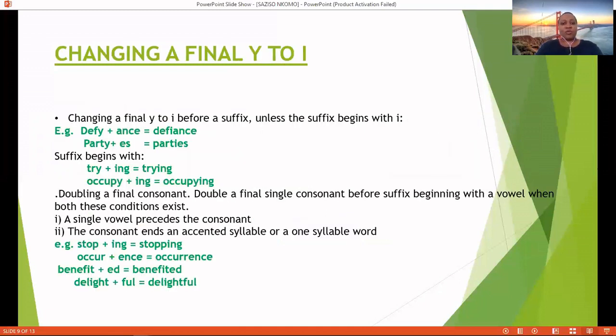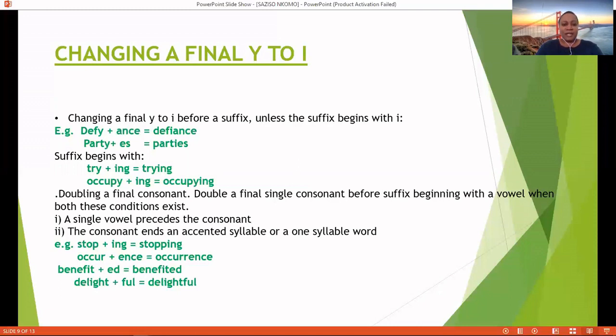Changing a final Y to I. Y to be changed to I. It happens when the final Y comes before a suffix, unless the suffix begins with I. For example, defy.